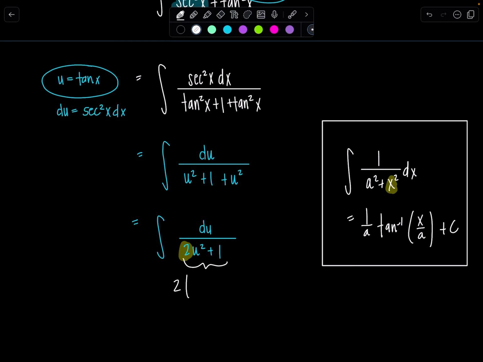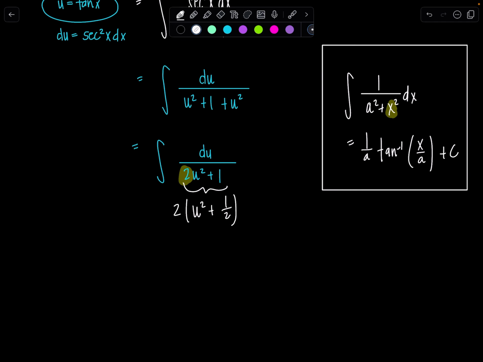If you factor it out, then you have u squared plus a half, right? Okay, it's going to be much cleaner. I'm going to take this outside the integral. Since it's from the denominator, it's going to be a 1/2. And then I have du over u squared plus 1/2 is 1 over rad 2 squared.